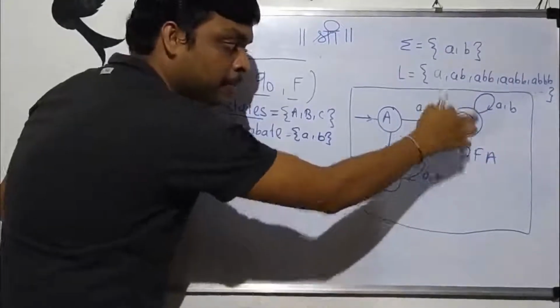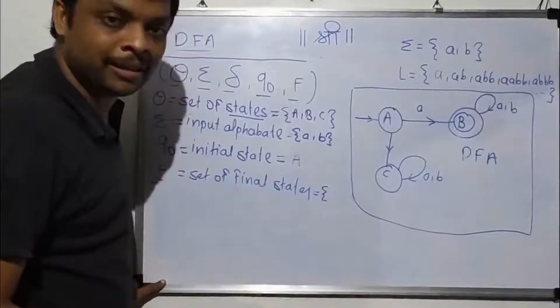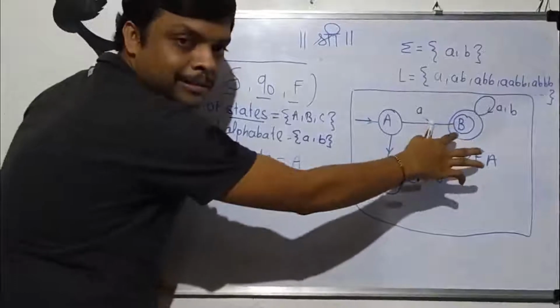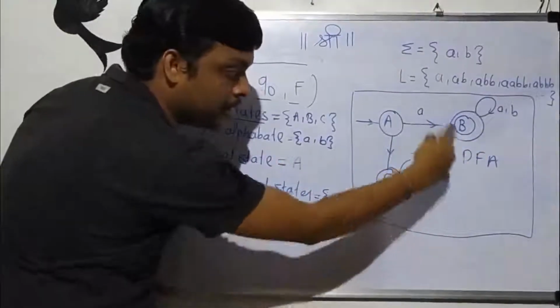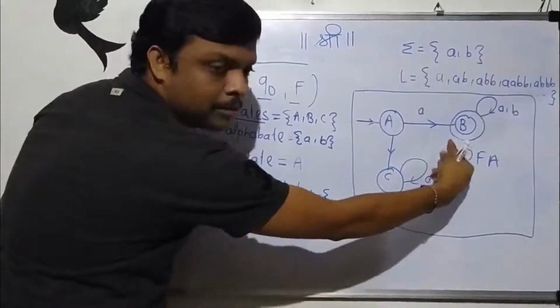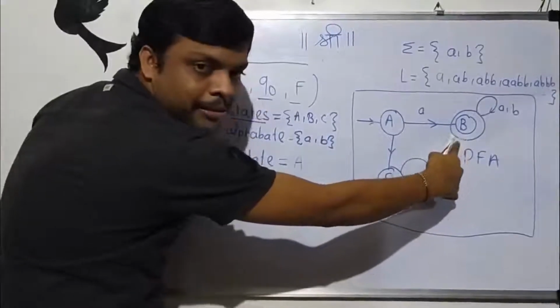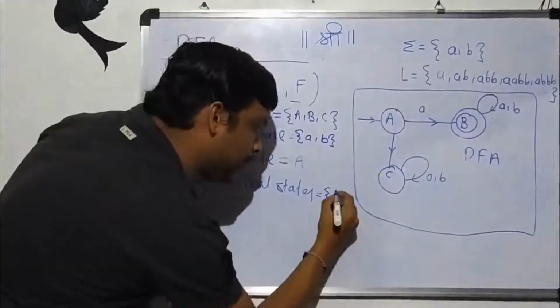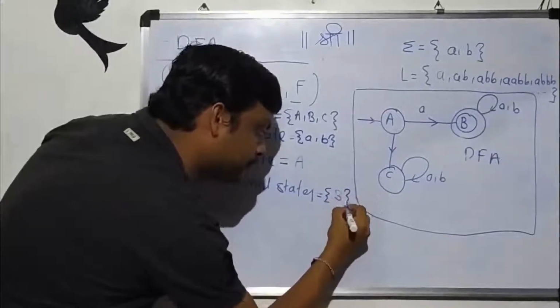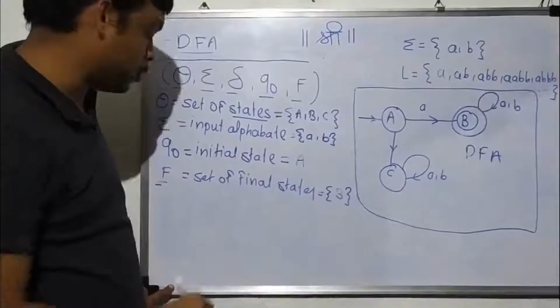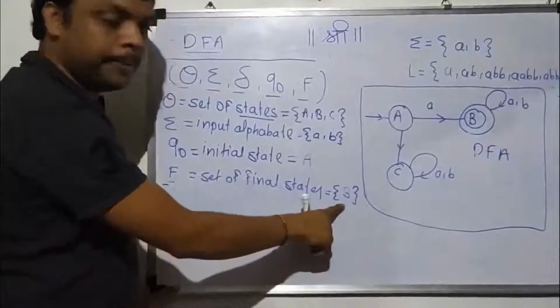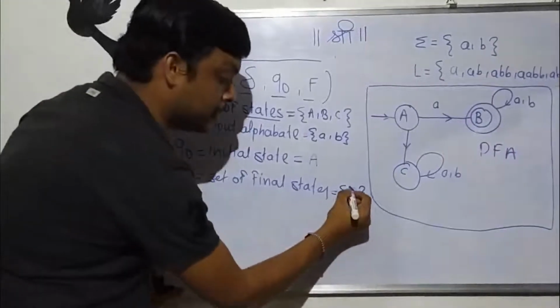If there is a double circle, a circle within a circle, then that is called a final state. Only one such structure is there. So B is the final state, and the value of F is B.